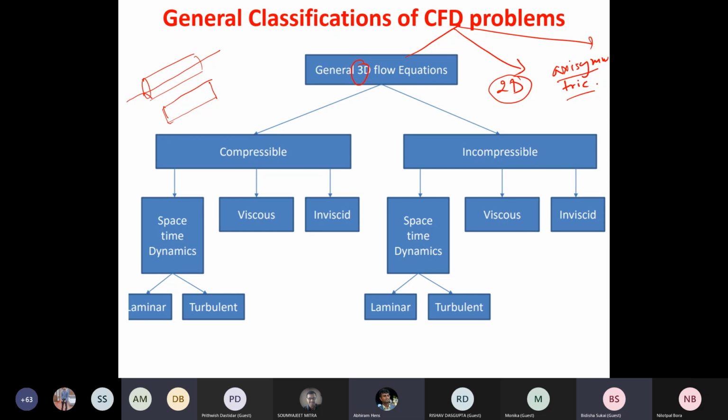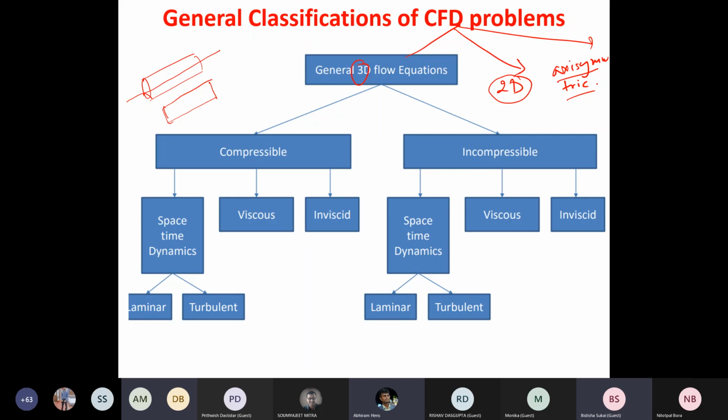Then all these problems can be broadly classified into compressible flow and incompressible flow, that I was talking about. In the aerospace or aeronautical industry, compressible flow is very important because if your velocity crosses a certain limit, the compressibility of air will come into the picture.